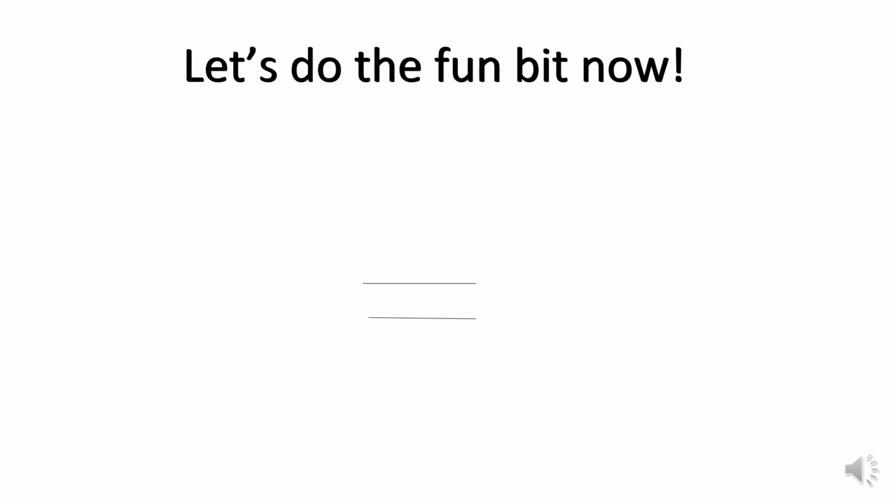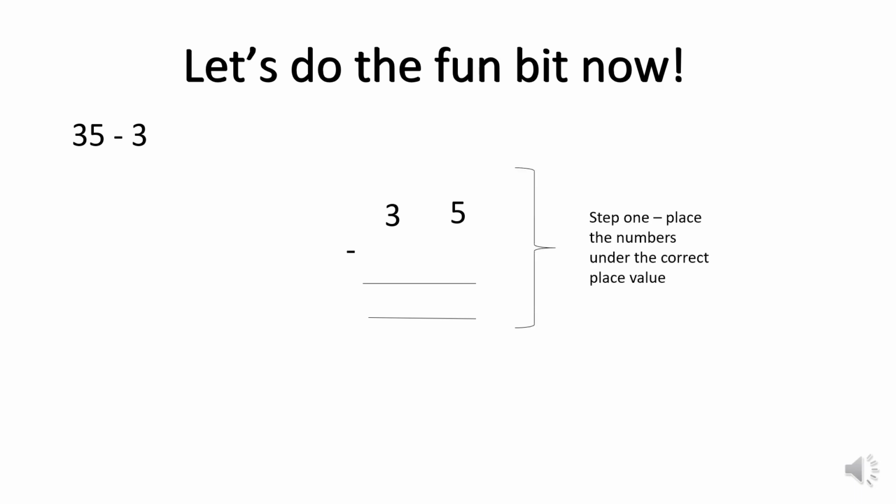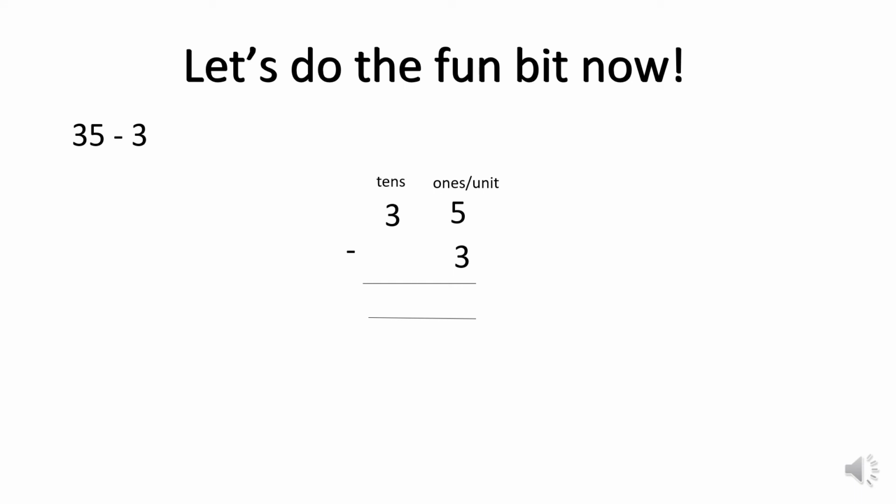Let's do the fun bit now. Let's take 35 minus 3. The first step is to write 35 and then minus. Next, you put the number 3, which is a ones position, under the number 5 because that's also a ones position.